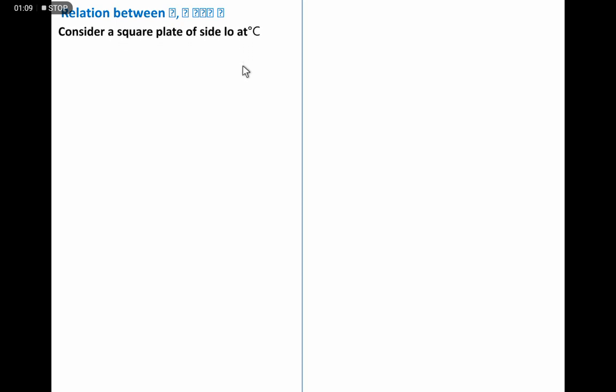Now in this we'll consider a square plate. We know that in superficial or areal expansion we consider a square plate, and the length of the square plate is L naught, L0. When heat is supplied to the plate, the temperature increases and it expands.